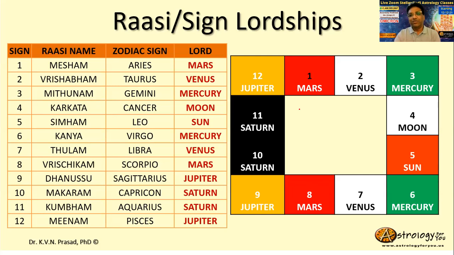So 1 and 8 for Mars, 2 and 7 for Venus, 3 and 6 for Mercury. 4 and 5 you leave; you just give to Moon and Sun. 9 and 12 you give to Jupiter. The balance 10 and 11 you give to Saturn. Got it? That's another way of remembering.